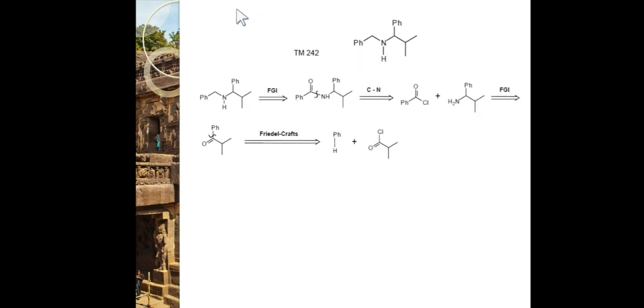Now friends, you can see that this is our target molecule. We will go for the FGI, that is, we are going to add a carbonyl group to the next carbon of this nitrogen. So we are going to get the amide. And amide, you know, can be easily prepared by reaction of amine and acyl chloride.